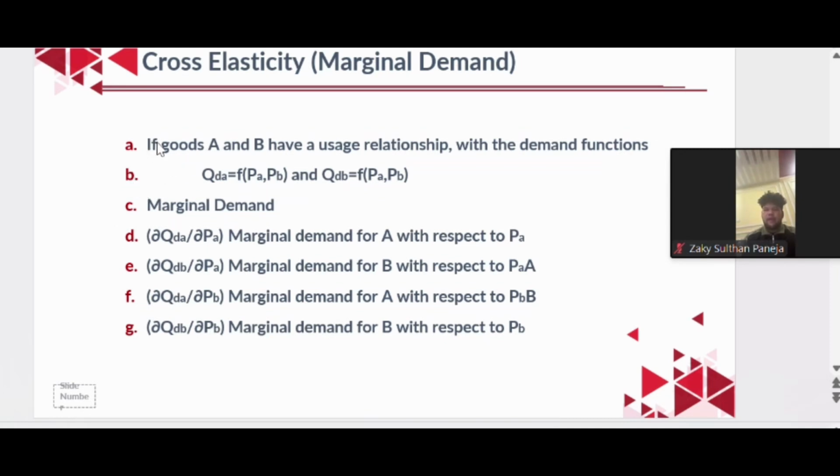If goods A and B have a usage relationship with the demand function, the partial derivative shows how demand changes with respect to price changes. They can be substitutes or complements.